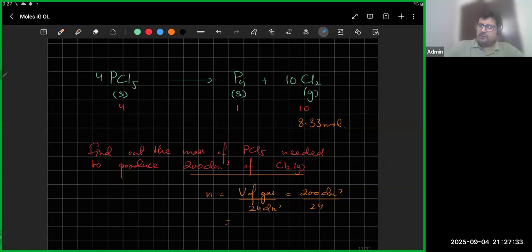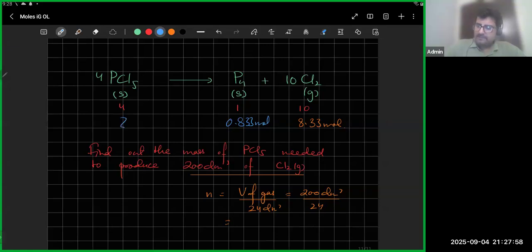Now, using ratios, I can figure out the moles of all of this. Okay, so the next one, P4, that's going to be 8.33 divided by 10 times 1. So this is going to be 0.833 moles. And I don't think you need those. वो अगले के निकालो.